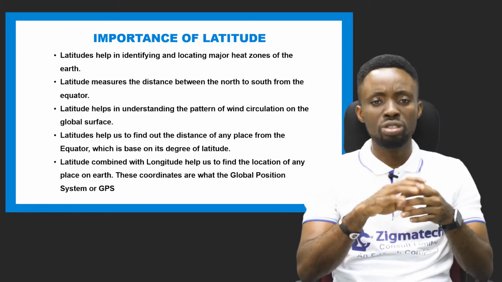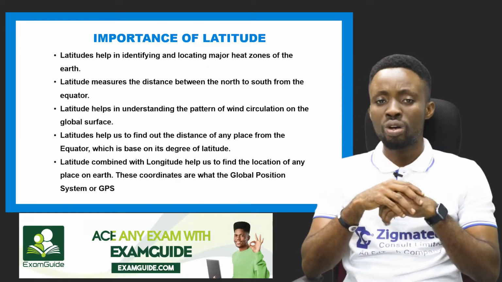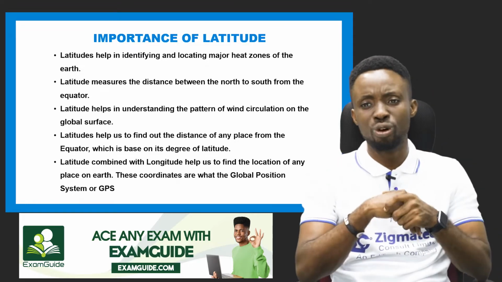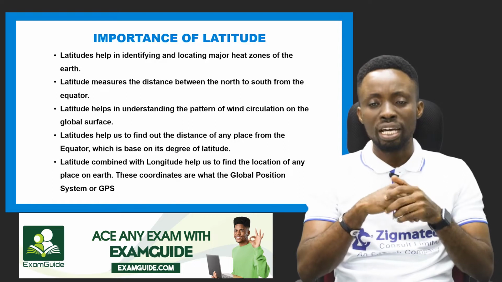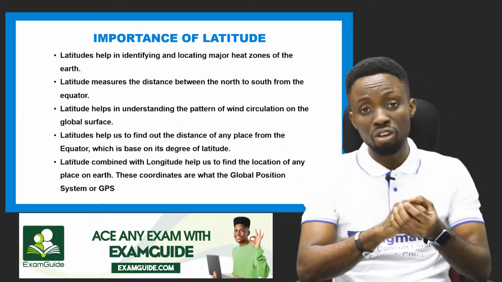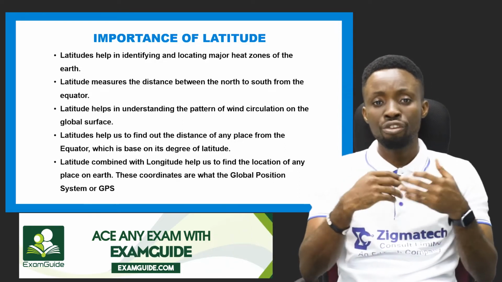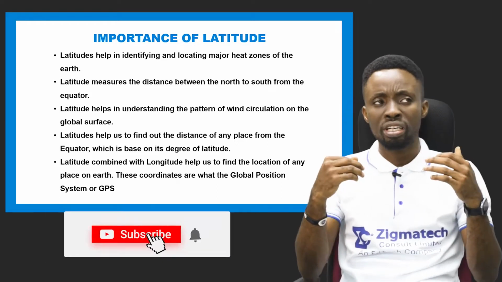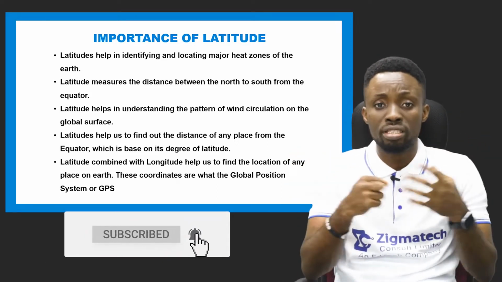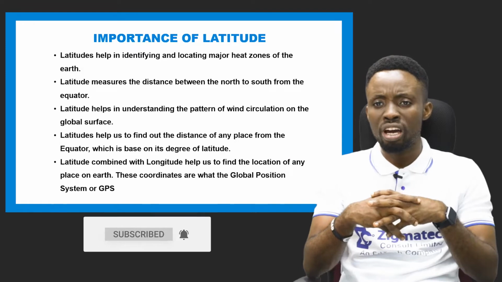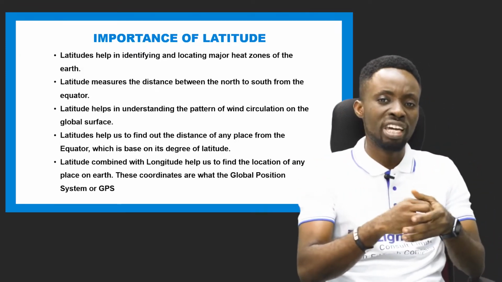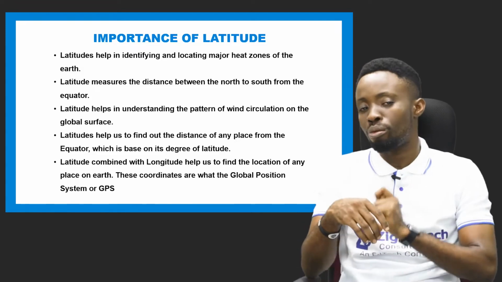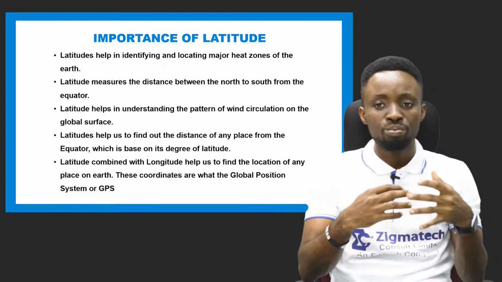And also, we use the line of latitude to help us find the distance of any place away from the equator, and it's always based on the degree of latitude. So if you're being given a particular location, let's say X, and you're given the latitude, with the help of this latitude you can find the distance of that place from the equator, which is latitude 0.